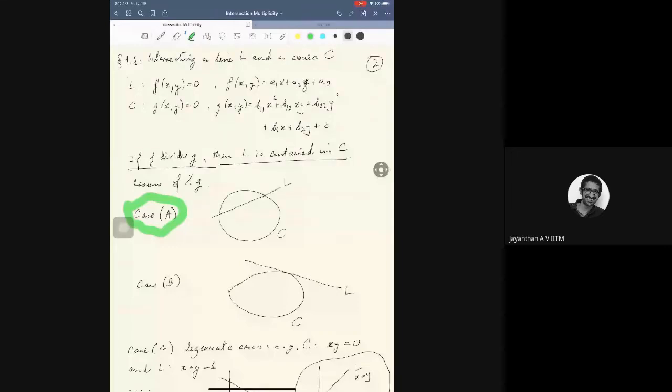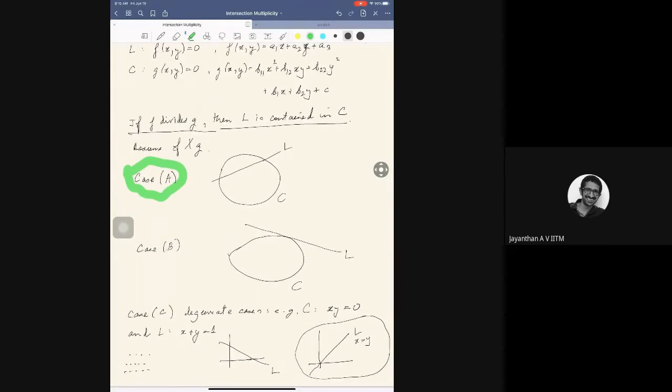One is this thing that I've circled called case A, and the other is the case when the line is tangential to the conic. So in reality, there are of course more cases because the equation for the conic, g(x,y), may not be irreducible. And so there are various things that can happen, but which are, if anything, simpler to check. So let's concentrate on these two cases, case A and case B. The first one being when it intersects in two distinct points, and in the second where there is meeting tangentially in exactly 1 point.